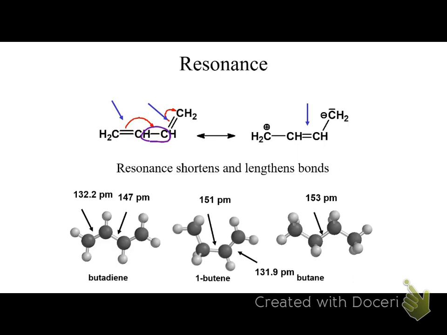And if you look at butane, that bond is 153 picometers. Now you know what a picometer is? It's a tiny, tiny measure, 10 to the minus 12th meters. So butane is 153 picometers. Now, if you look at butadiene, it's 147 picometers.